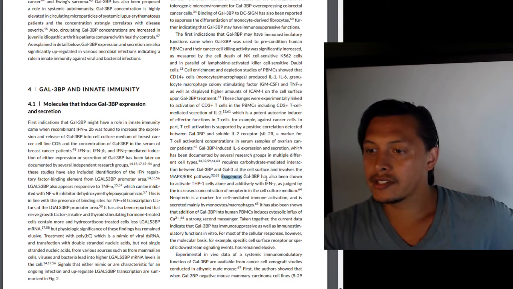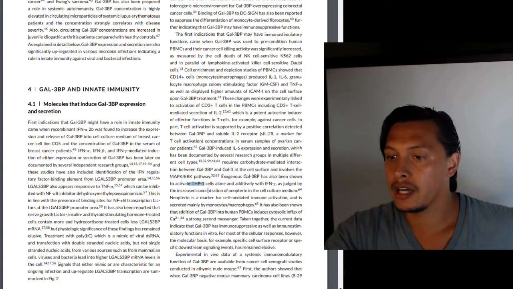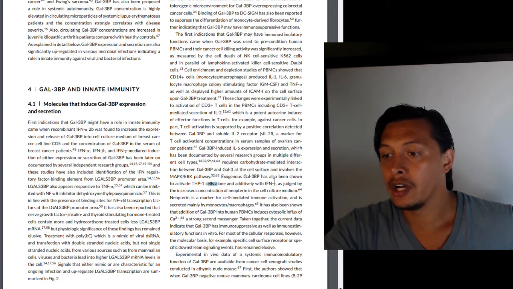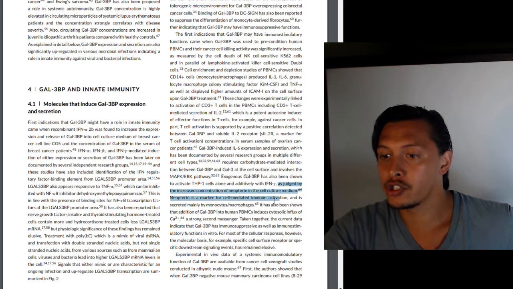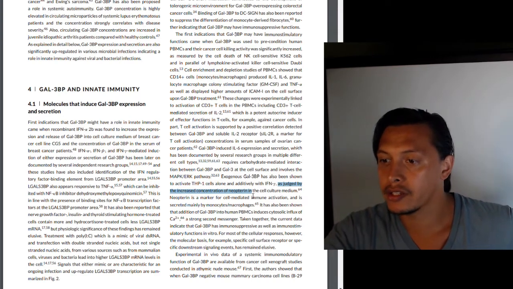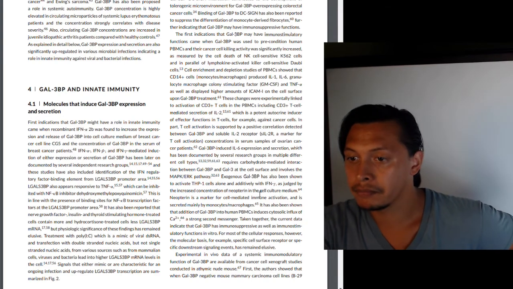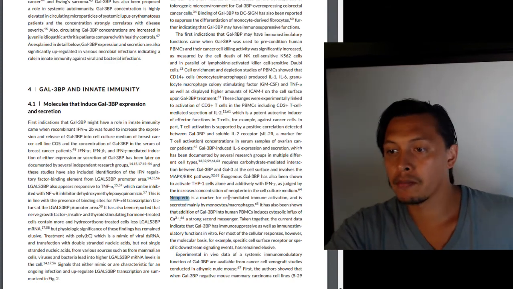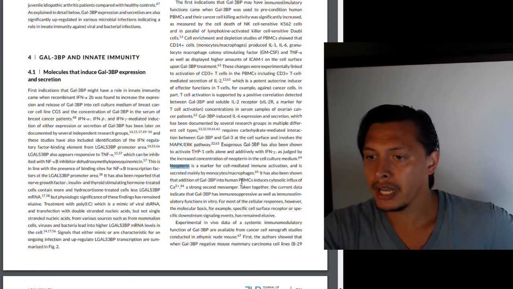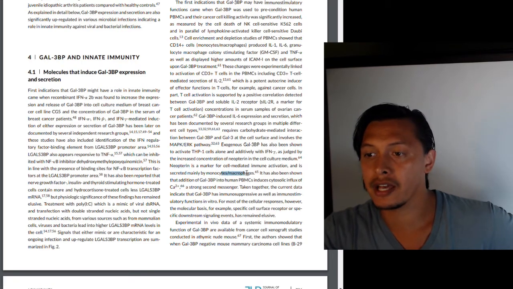So exogenous Galectin-3 binding protein has also been shown to activate the THP1 cells alone and additively with interferon gamma, as judged by the increased concentrations of neopterin in the cell culture medium. Neopterin is a marker for cell-mediated immune activation, and is secreted mainly by monocytes and macrophages.